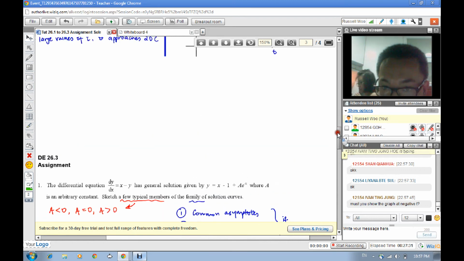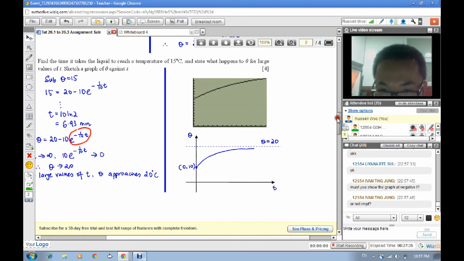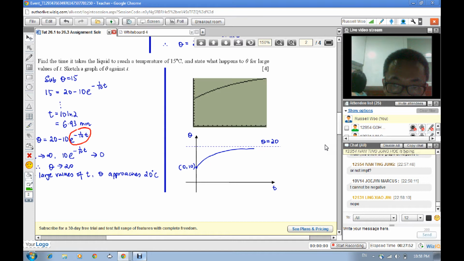Oh, sorry. Ivan asks, must you show the graph at negative t? Anyone would like to answer that question? Okay, thank you very much.